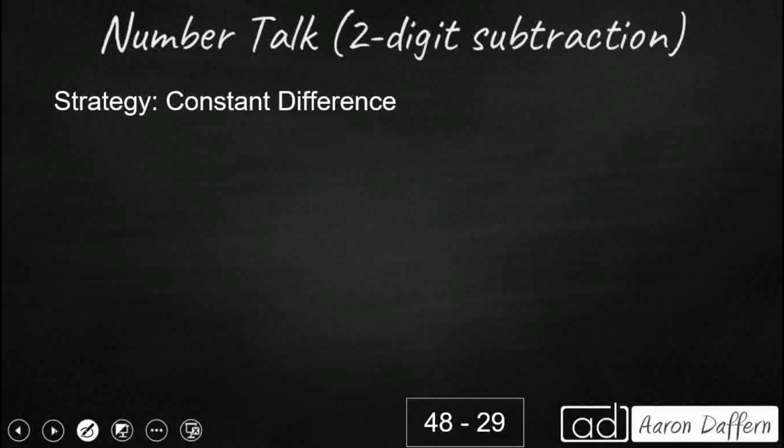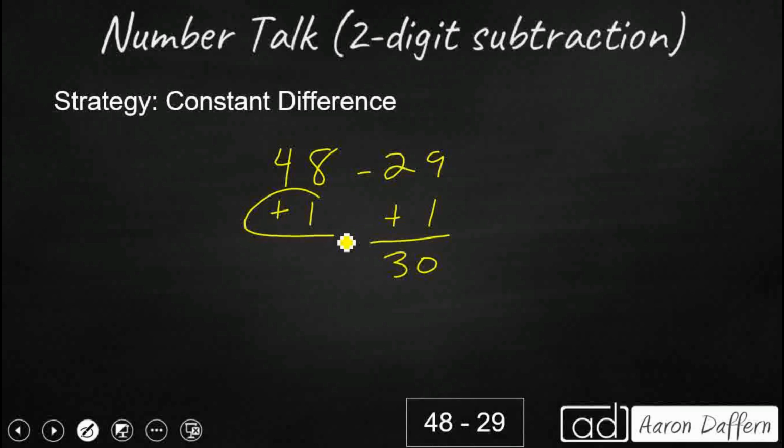Now we can also use a strategy called constant difference. So just like we did when we were using compensation, let's change our subtrahend. And let's just make that 30 to make it a little bit easier. But instead of adding that 1 back in after I subtract, let's keep a balanced expression. So I want to add 1 to both terms.